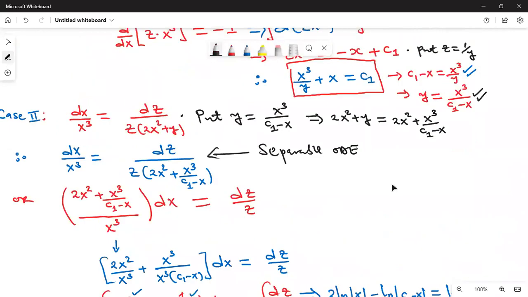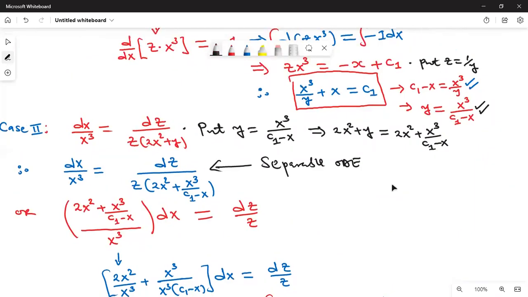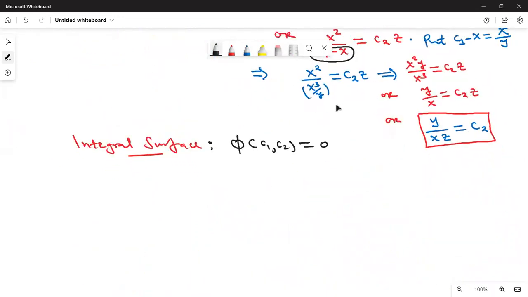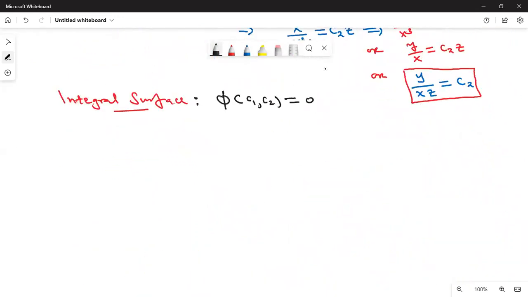Our C1 was X cubed over Y plus X. So that's what I'll write in place of C1. So you can say phi of X cubed over Y plus X, comma, C2 is Y over XZ, and this should give us 0.